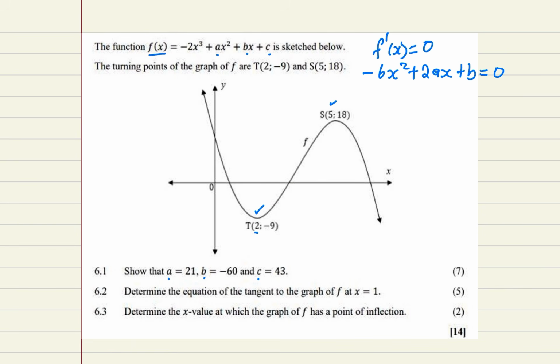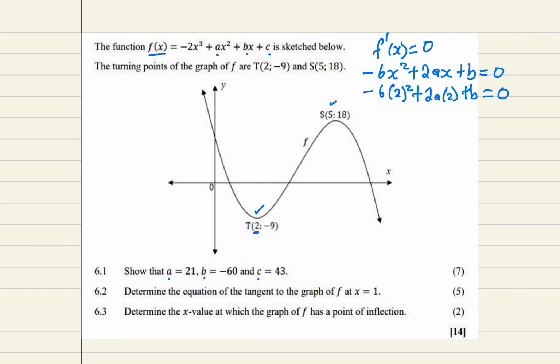Then we substitute the first x coordinate of a turning point, which is 2: negative 6 into 2 all squared plus 2a into 2 plus b equals 0. What is 2 squared? It should be 4.